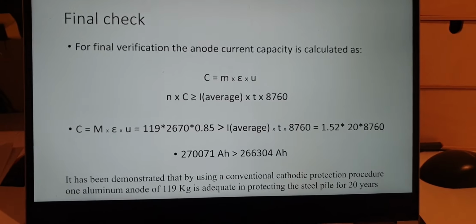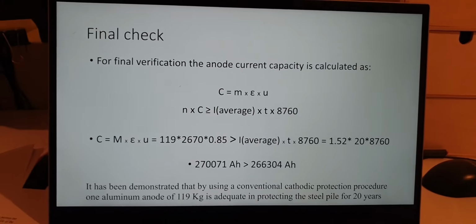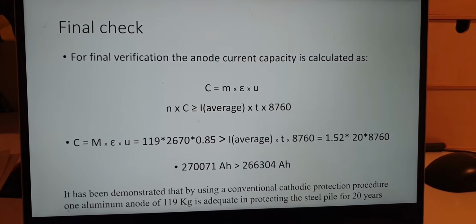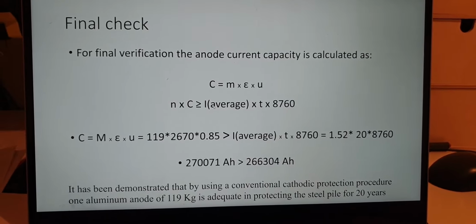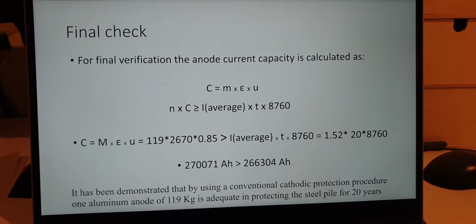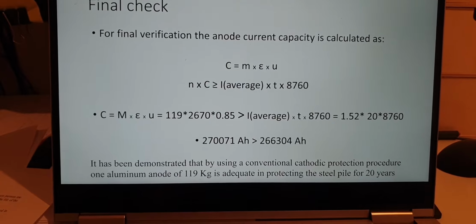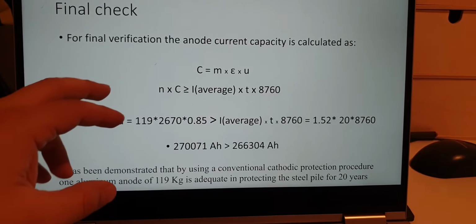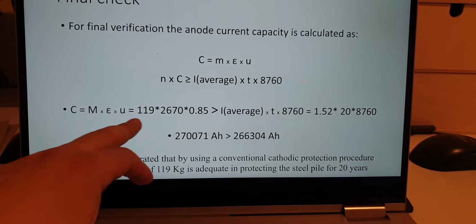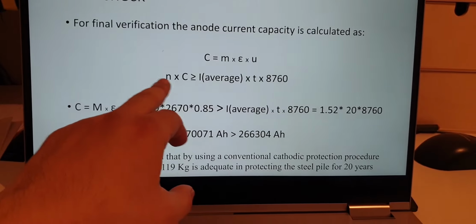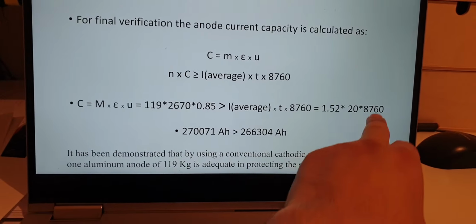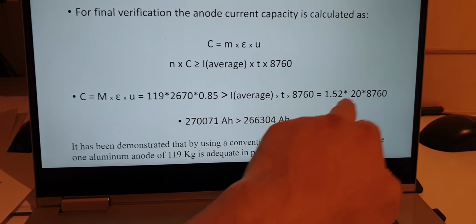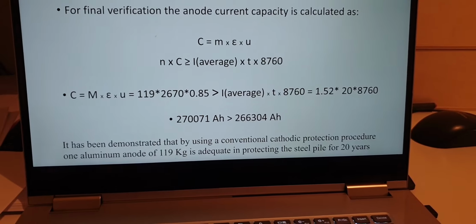So in the previous video, we basically got to the final check. In the final check, we need to verify the anode current capacity and set up an inequality to see if the current capacity, in this section we have one anode, is larger than or equal to the average current and time.